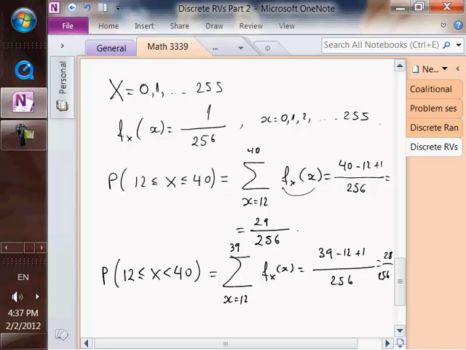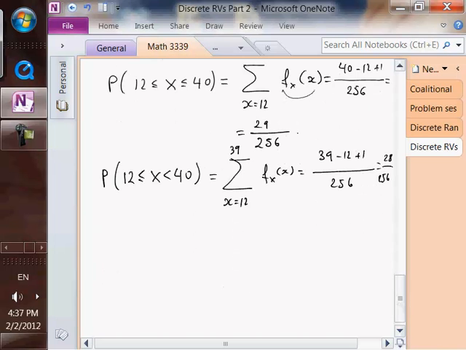What? The additional one? Okay, how many terms do I have if x goes from 12 to 40? It's like the following. If you have the straight line, you have 1, 2, 3, 4. What is the difference between 4 and 1?